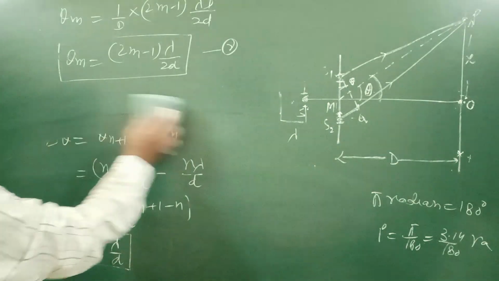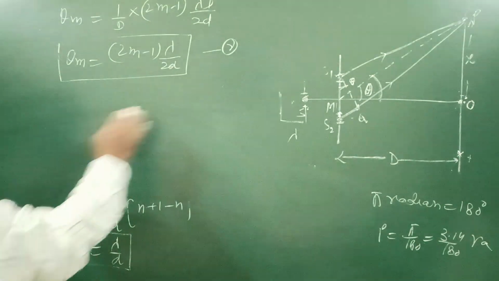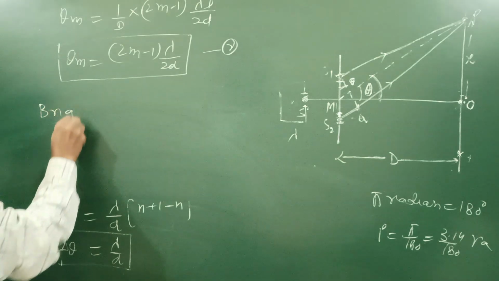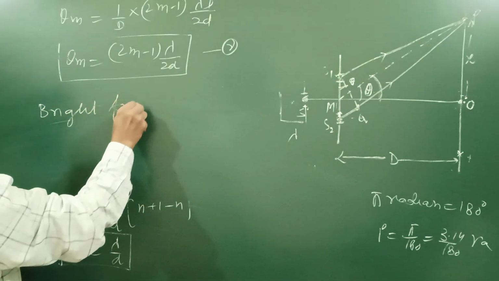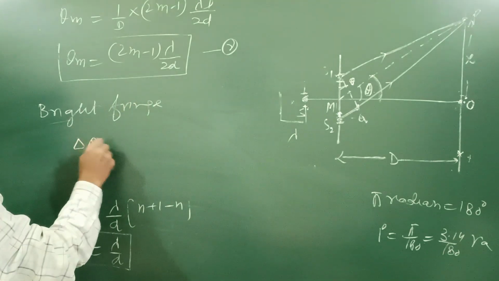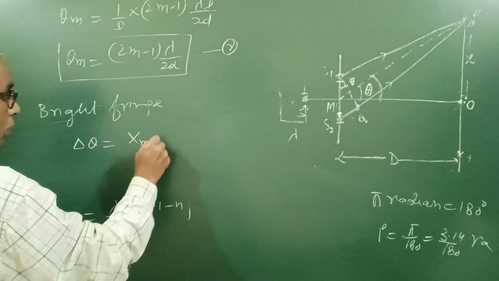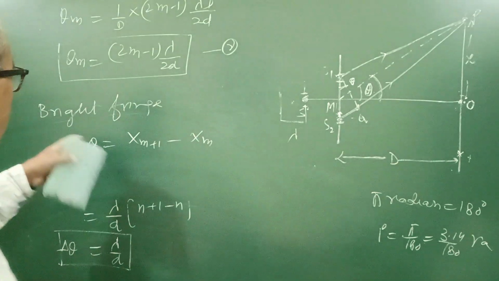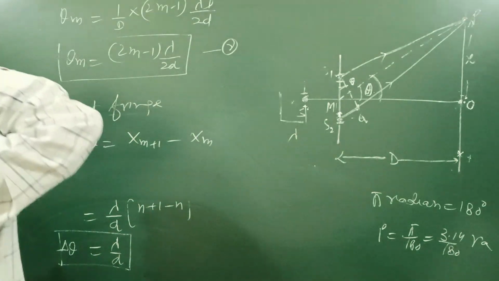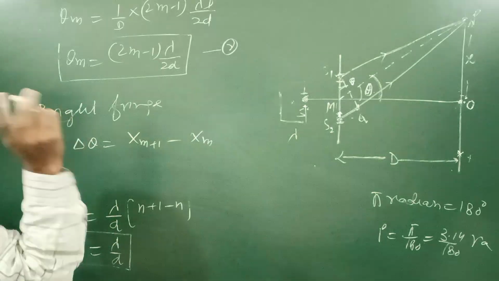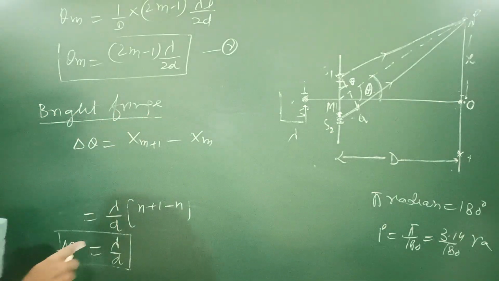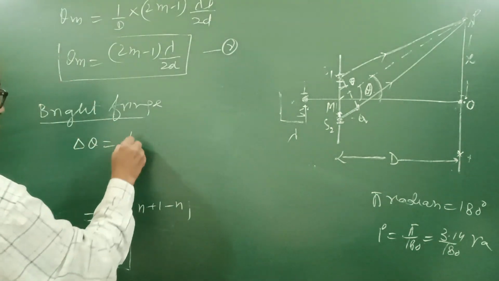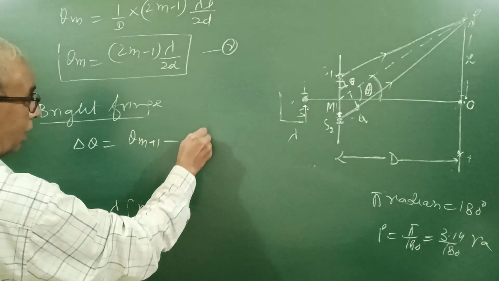For the bright fringe, no matter, I will write it properly. Here you can write dark. Now let us come to the bright fringe. Delta theta will be theta m plus 1 minus theta m.